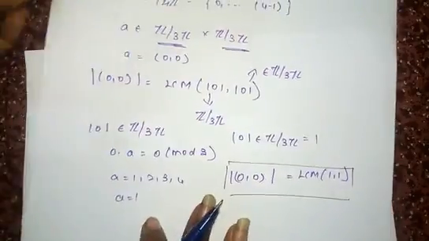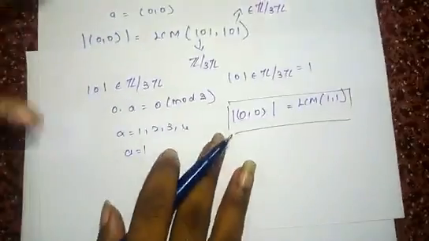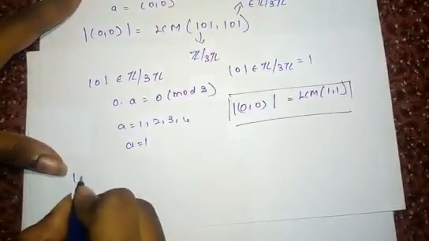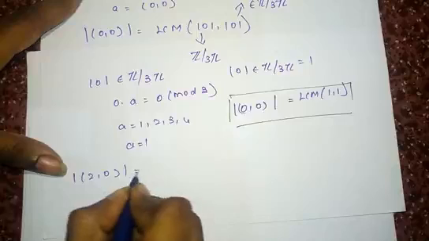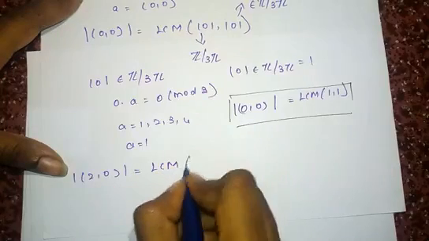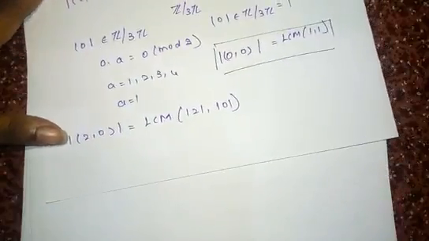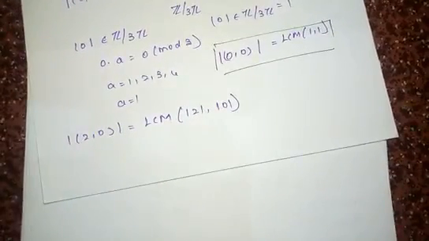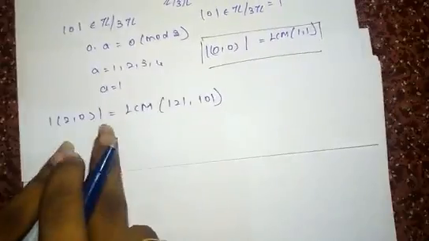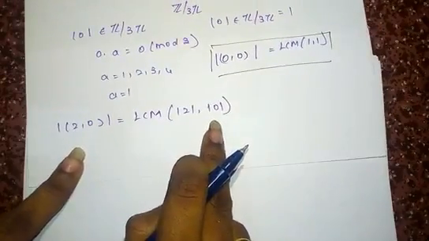Now we'll see how to find the order of 2 comma 0. The order of 2 comma 0 is the LCM of the order of 2 and the order of 0.